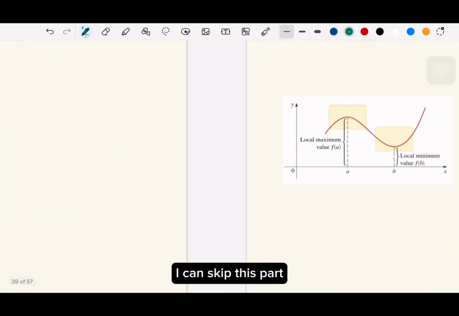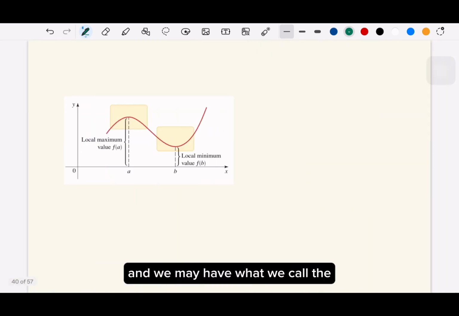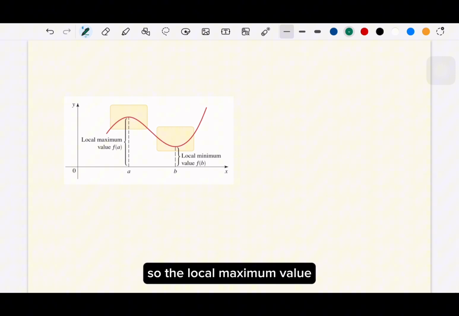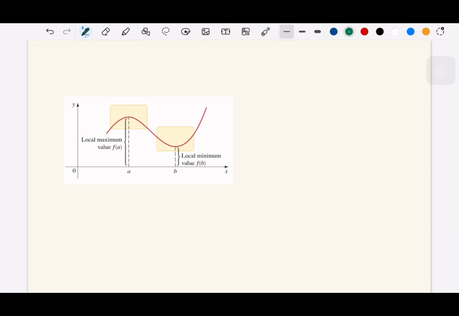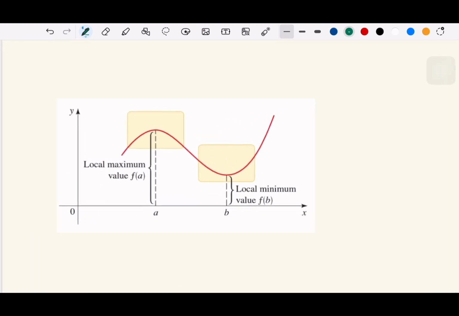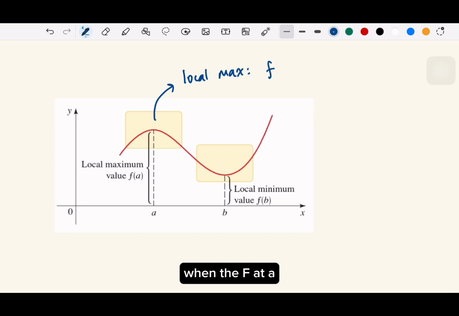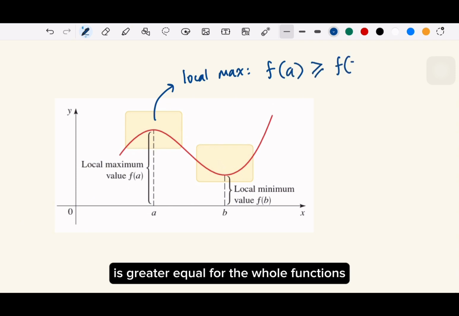I can skip this part, and we may have what we call the maximum and minimum value. So the local maximum, local max is when the f at a is greater than or equal to the function values nearby.